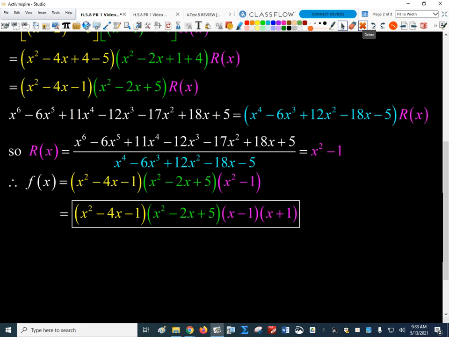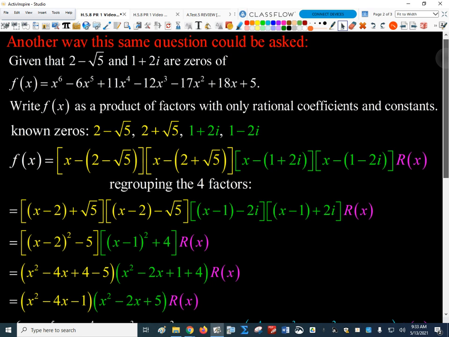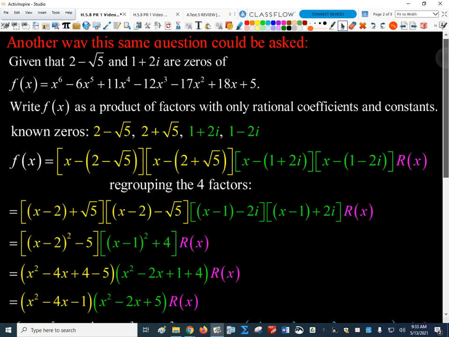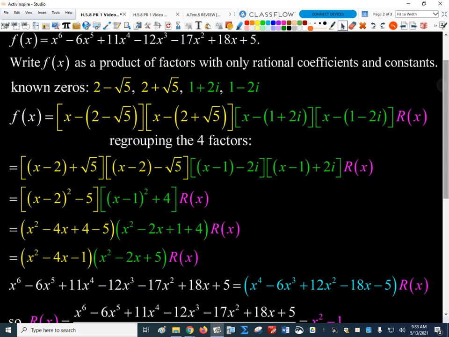So it would just look like this. If we're writing them, and I think it wants them written, it would have said something like, write those as irreducible quadratics or as linear factors. So in other words, they don't want factors that are going to involve square roots in them.